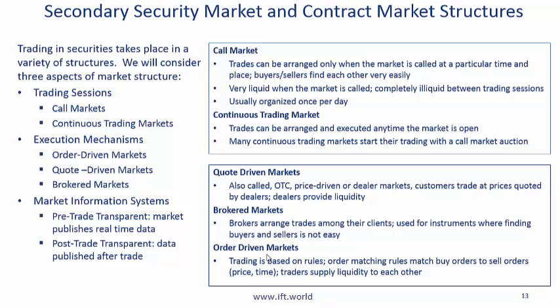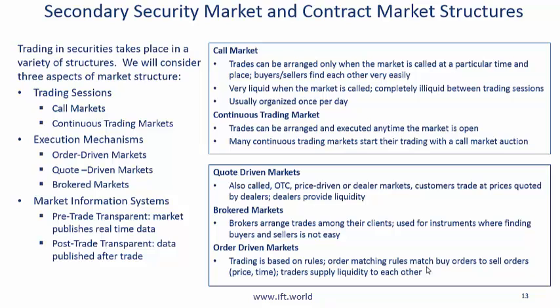And in order-driven markets, trading is based on rules. We have order matching rules, and these rules match buyers and sellers. So for example, if I'm a buyer and you are a seller, and let's say that there are actually multiple buyers, who will get preference? The one who's willing to buy at the highest price or lowest price?